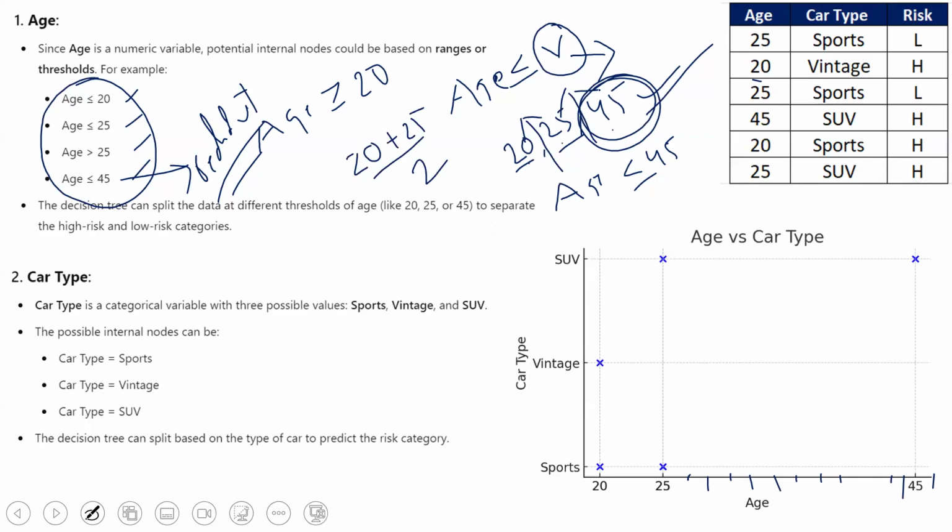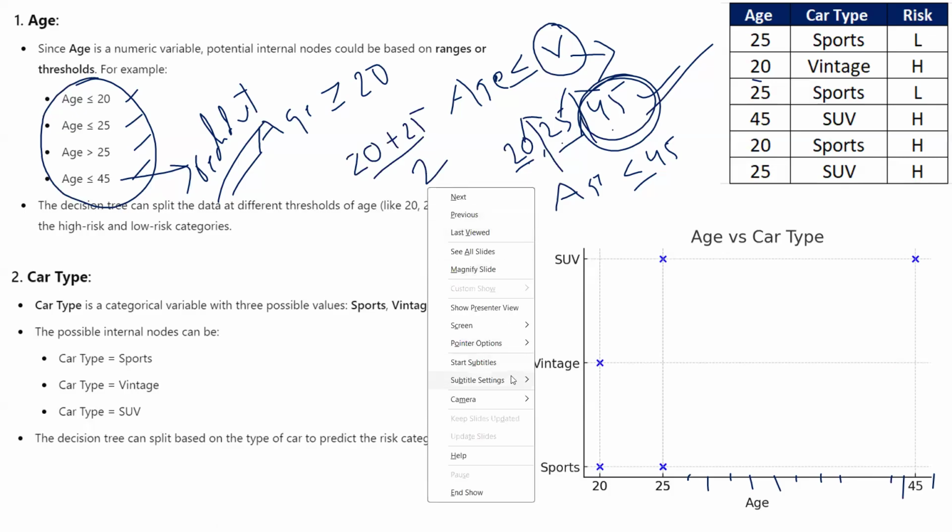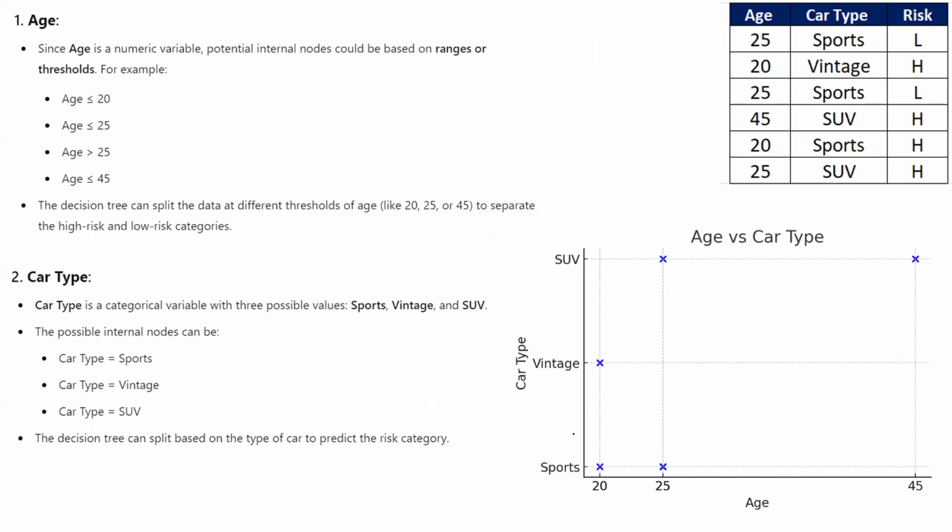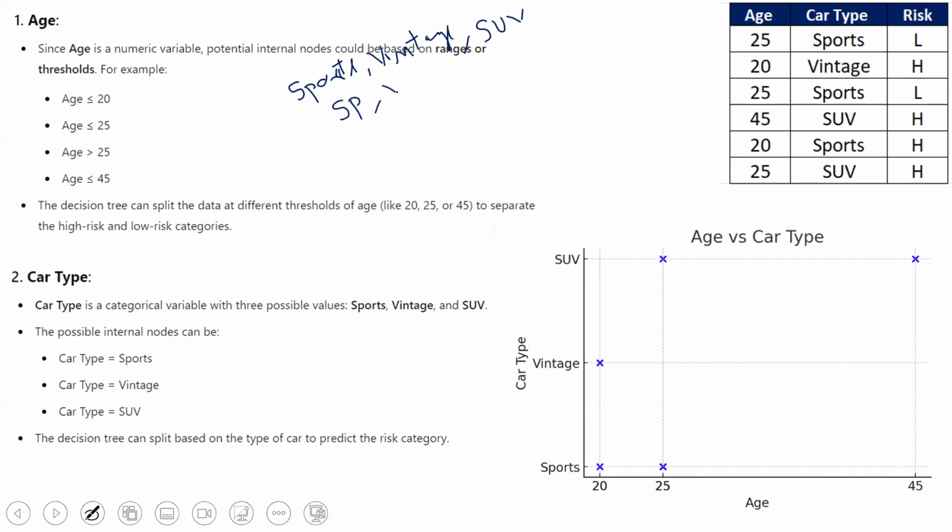Okay. Now, if it is a categorical variable, let's see what are the possibilities. Here in this case, what is the categorical variable? The categorical variables are sports, vintage, and SUV, right? These are the things that we do have. Let me represent sports as SP, vintage as V, and SUV as SUV. What are the possible combinations for this?